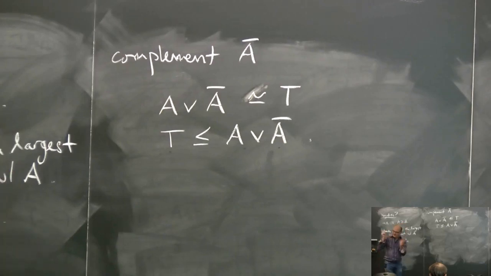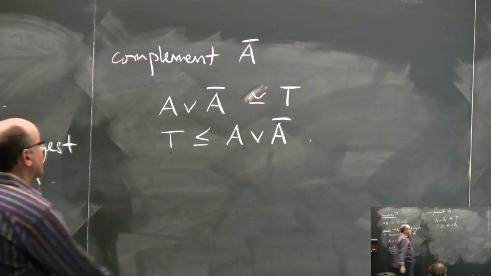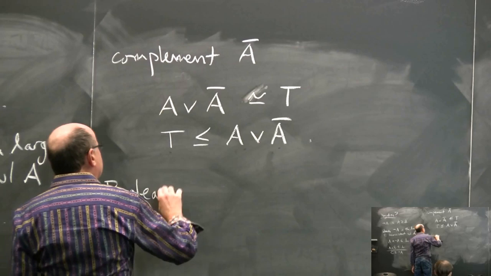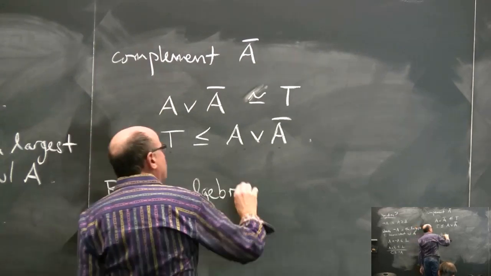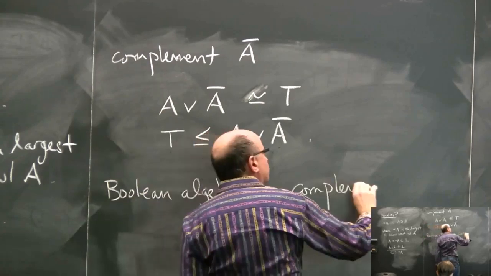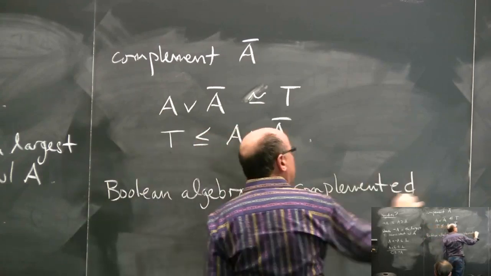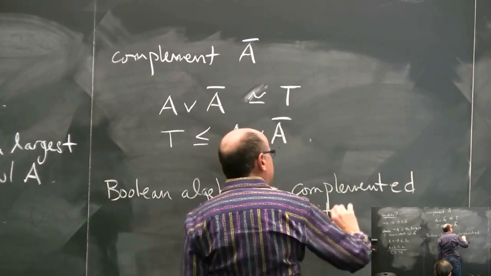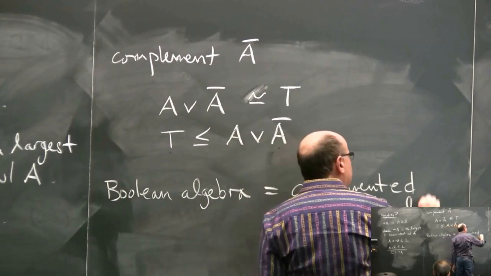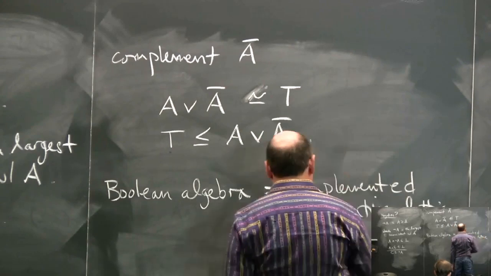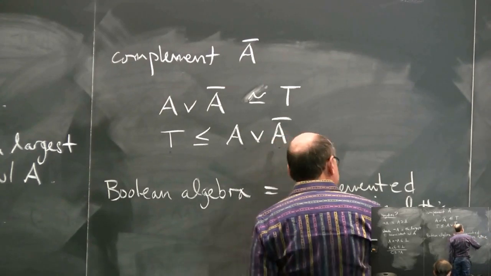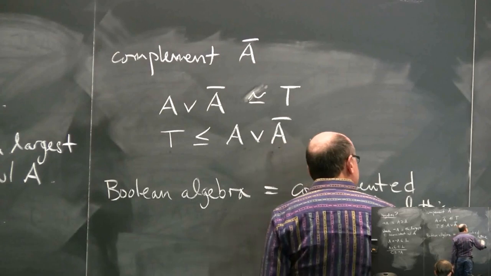So we'll define a Boolean algebra, by definition, the usual definition, as a complemented distributive lattice, and therefore it has exponentials.